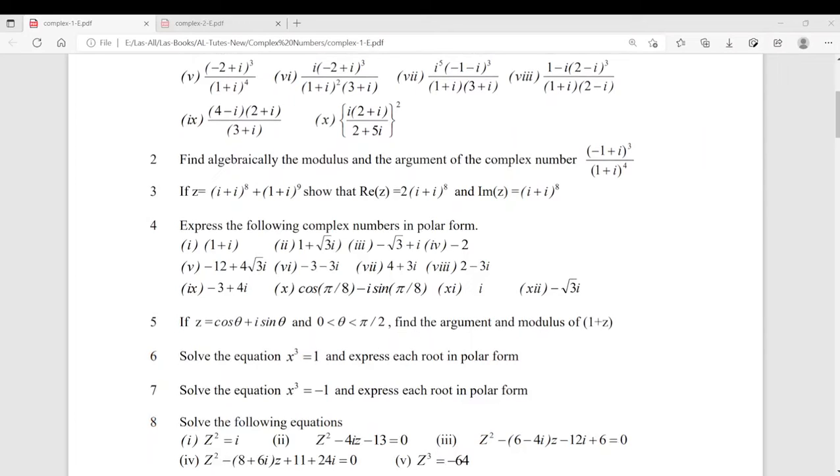If theta is... g equals cos theta plus I sin theta and theta is an acute angle, find the argument and the modulus of 1 plus g. Can you do fifth one? Fifth question. Okay, sir.